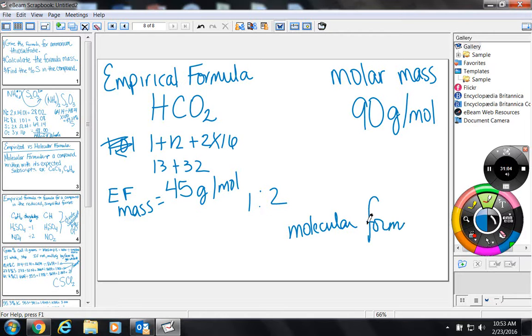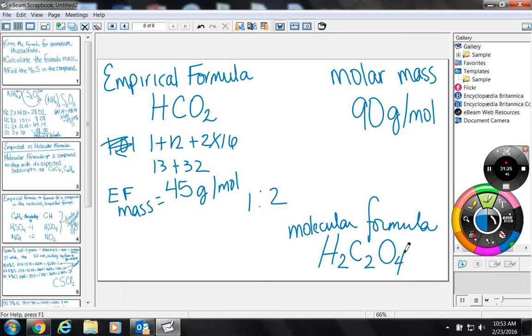You're doubling it because of the grams. I find the ratio between the two, and then I double all my subscripts. Since the grams are cut in half, I know I have to double my subscripts to go up to the molecular formula.